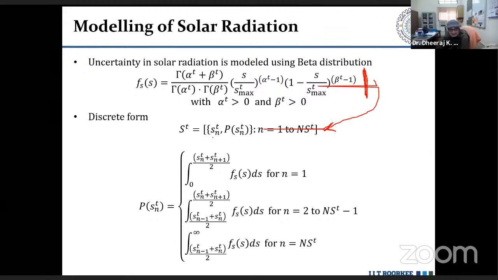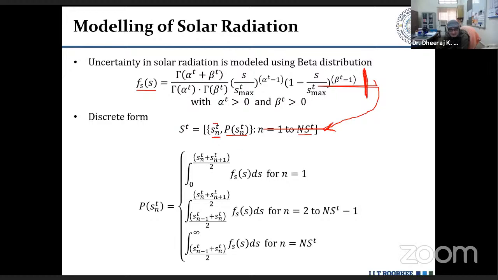Like this is the discrete form of this probability distribution. This is continuous, and here we have discretized. So a particular solar radiation label and corresponding probability. And we have such pairs varying from 1 to ns, that is the number of total states.